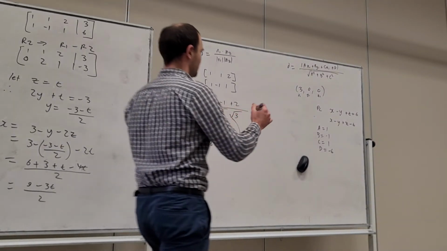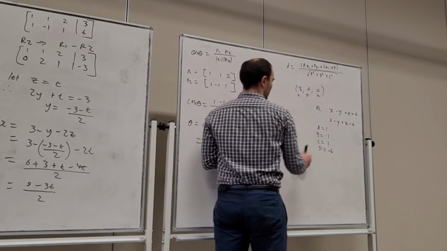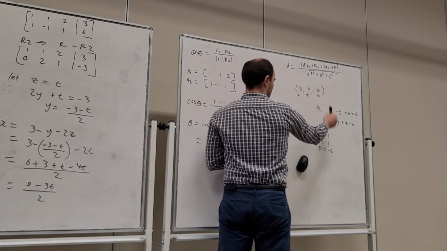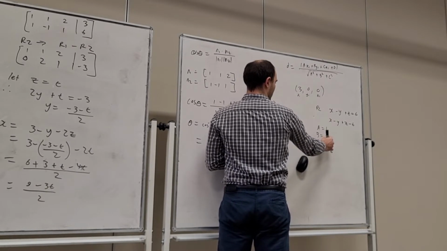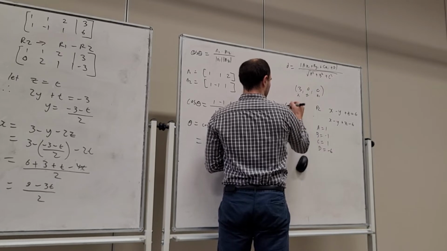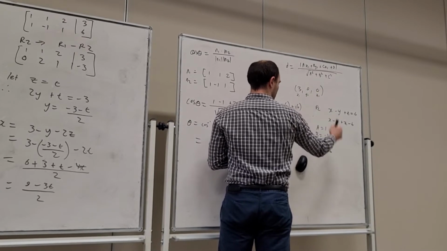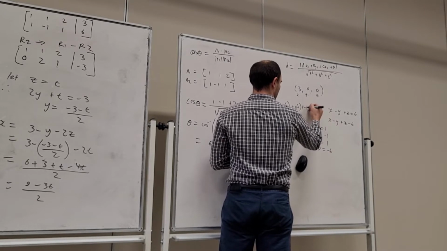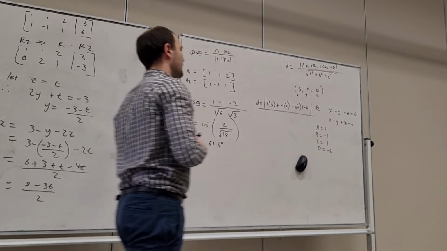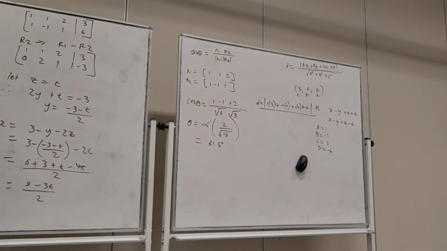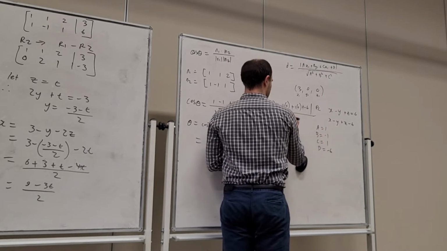We're ready to match it in this formula. So it's going to be the modulus of A times the x value, so 1 times 3, plus B times the y value, plus C times the z value, plus the d value, modulus. All on top of the square root of a squared plus b squared plus c squared.